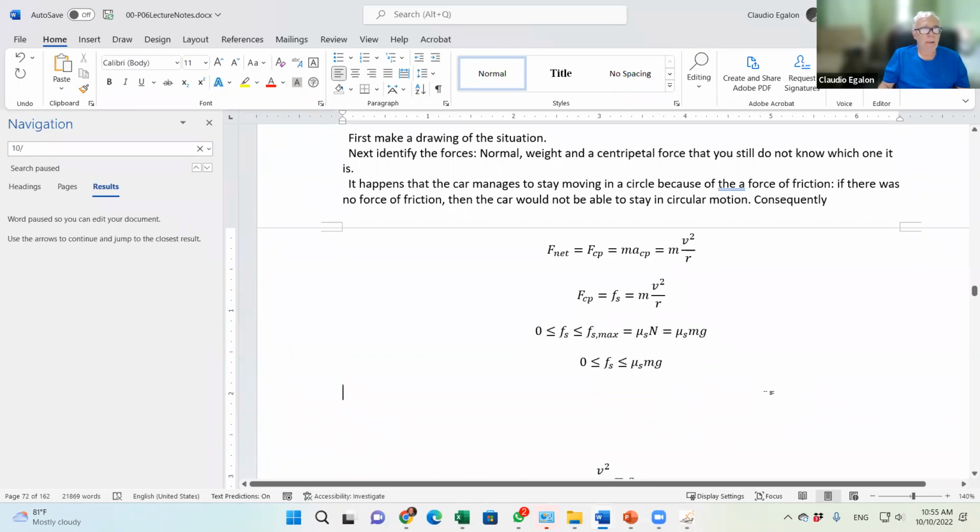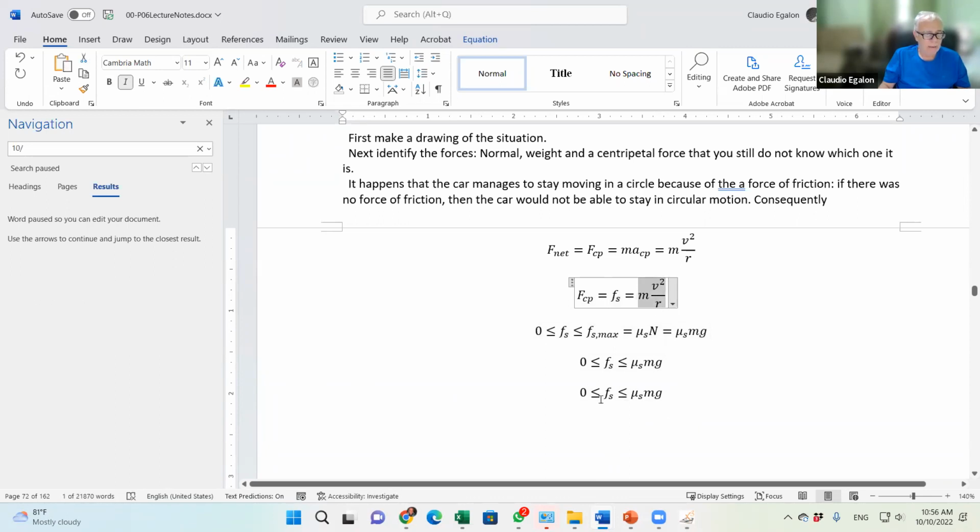But remember, we have this equality here for the force of static friction, so we can use this equation for the force of static friction in this inequation here, right? All I have to do is replace this force of static friction with this value that you see right in here.